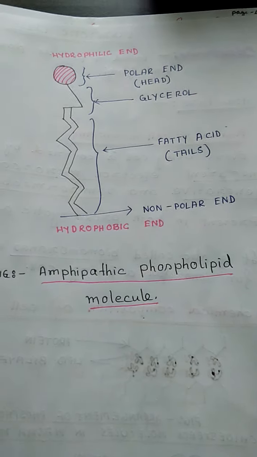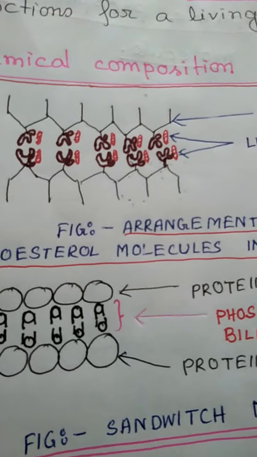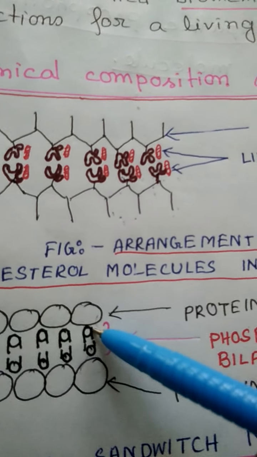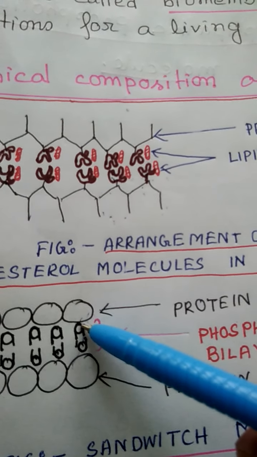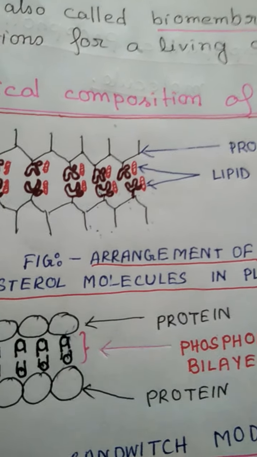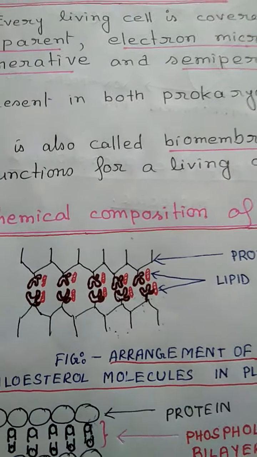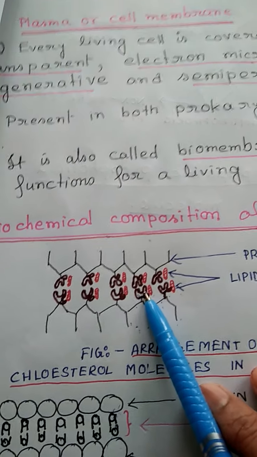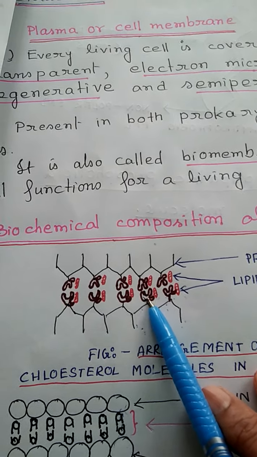So this is the part I just described: the round-shaped polar part, and this one is the non-polar part. Now, what is the biochemical composition of the cell membrane?